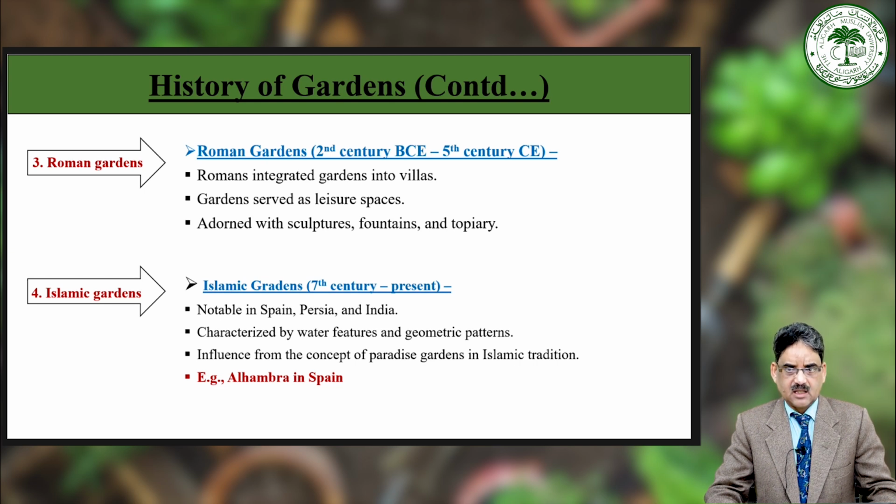Islamic gardens are known for their geometric designs and emphasis on water features, and became prominent during the Islamic Golden Age. The Alhambra in Spain showcases the intricate beauty of Islamic garden design.